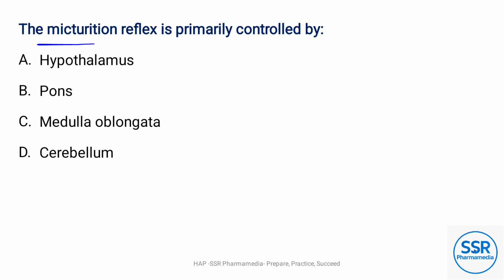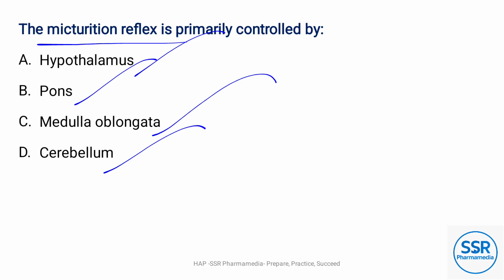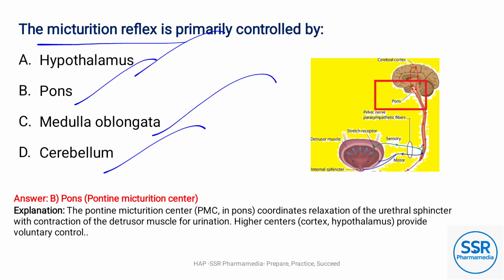Next, the micturition reflex is primarily controlled by option A, hypothalamus; option B, pons; option C, medulla oblongata; option D, cerebellum. So the answer is option B, pons.